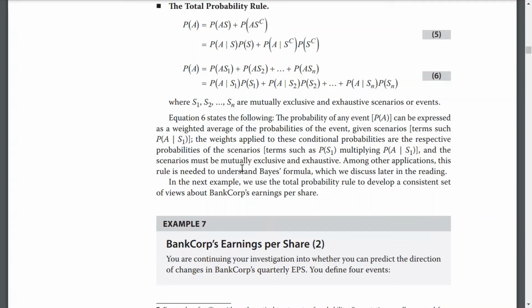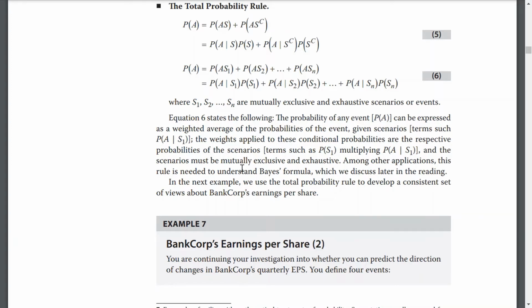The weights applied to these conditional probabilities are the respective probabilities of the scenarios, terms such as the probability of S1 multiplying the probability of A given S1. The scenarios must be mutually exclusive and exhaustive. Among other applications, this rule is needed to understand Bayes' formula, which we discuss later in this reading, or in a later reading, not this exact one.